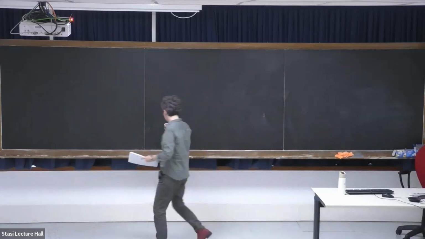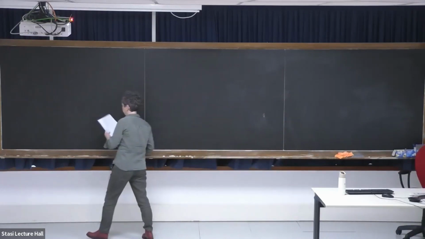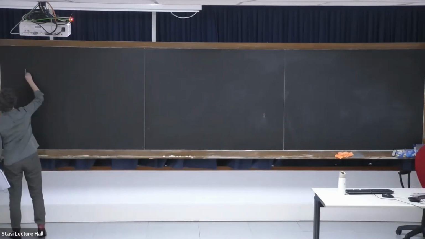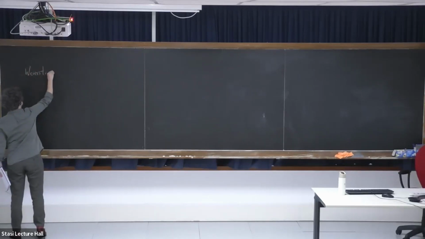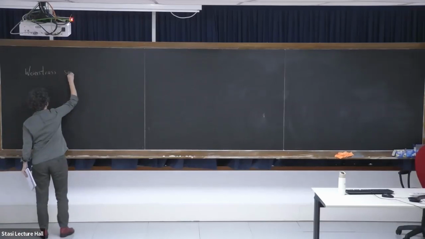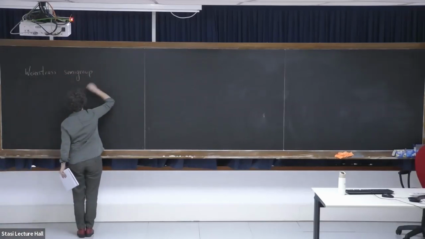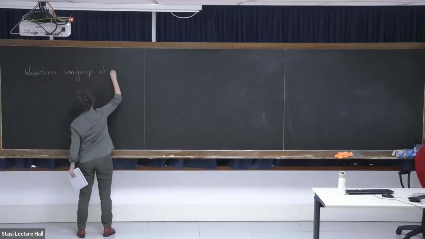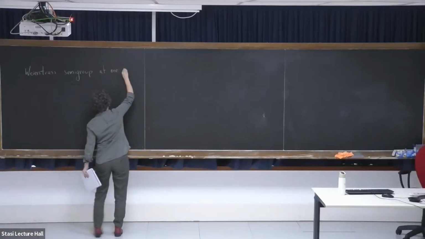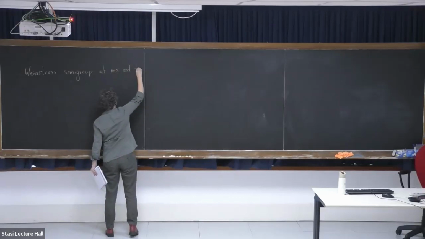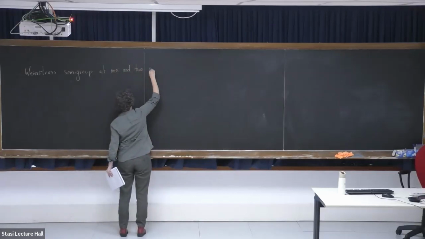Okay, so the Weierstrass semigroup at 1 and 2 points.